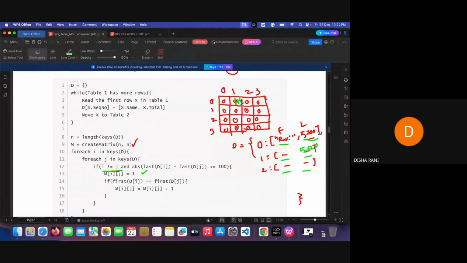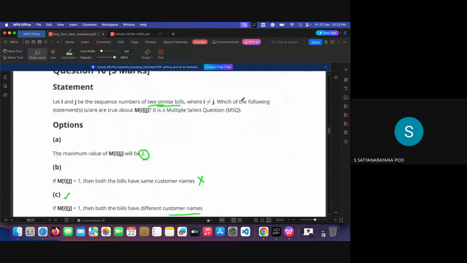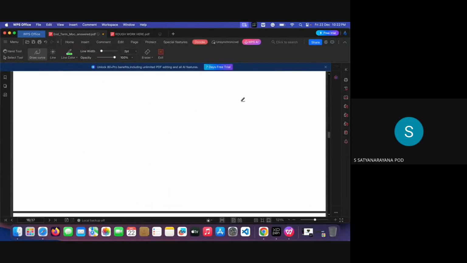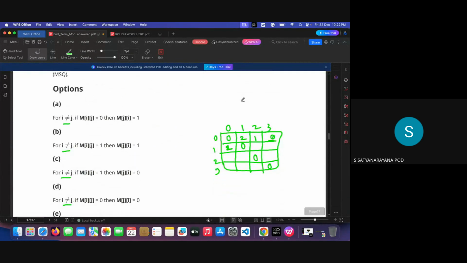Whenever you find 2 bills for the same customer, clear? Now, what they want to ask you is, i not equal to j is the same thing applicable. If m of ij equals 0, for example 0 to 3 is 0, that means the 0th bill to the 3rd bill is 0.